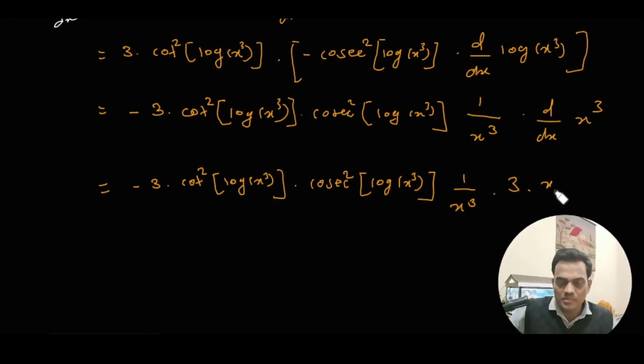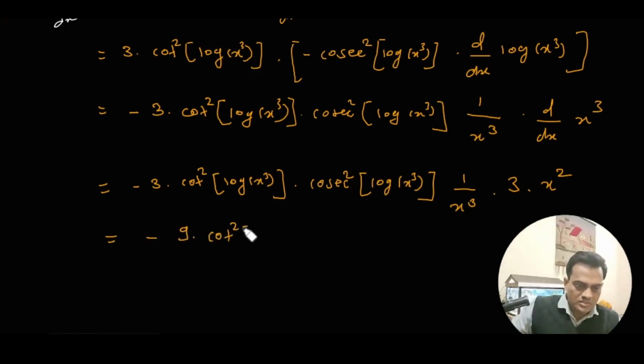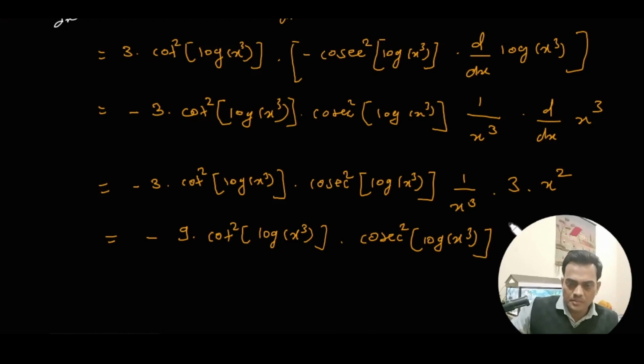Power comes in multiplication, power will be reduced by 1. So this 3 and 3 will become minus 9 cot square of log of x cube, and it is a cosec square of log of x cube, and I think this square and this square will cut, only x will remain.